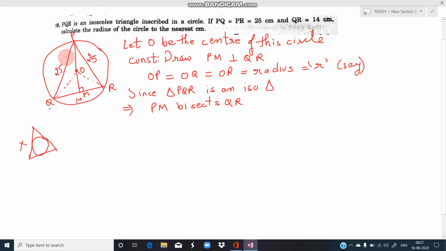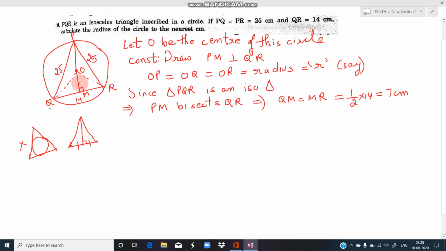Because in an isosceles triangle, अगर हम perpendicular draw करते हैं from the vertex to the base, it will bisect the base. और अगर हम किसी भी isosceles triangle में bisector draw करते हैं, then it will be perpendicular to the base. So since PQR is an isosceles triangle, this PM जो हमने perpendicular draw किया है, it will bisect the base. That means QM and MR are equal, and they will be half of 14, that is 7 centimeter.